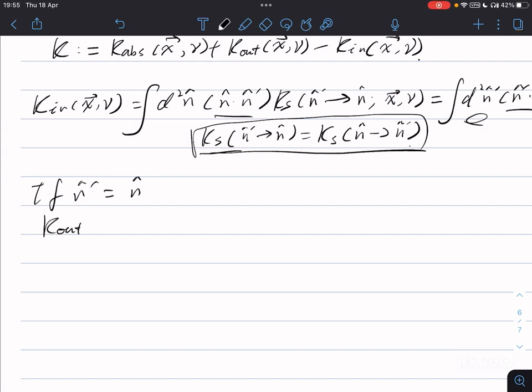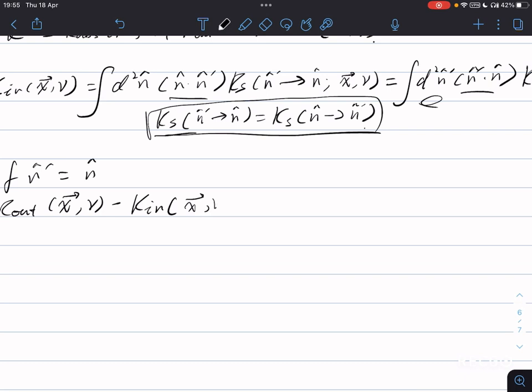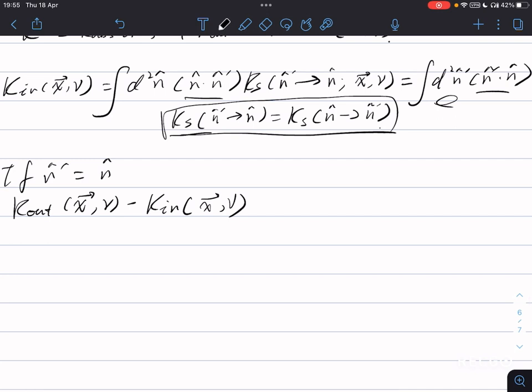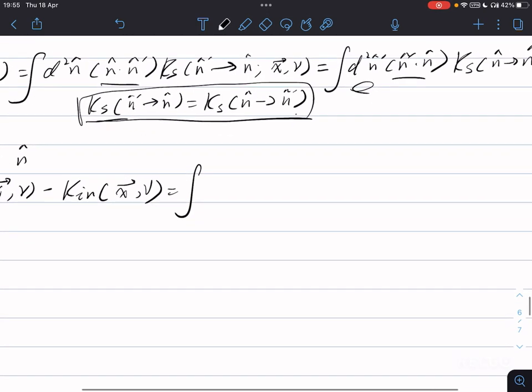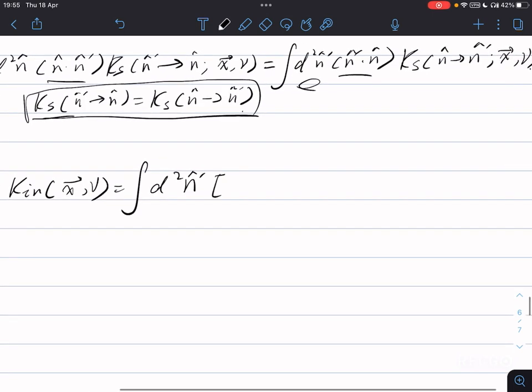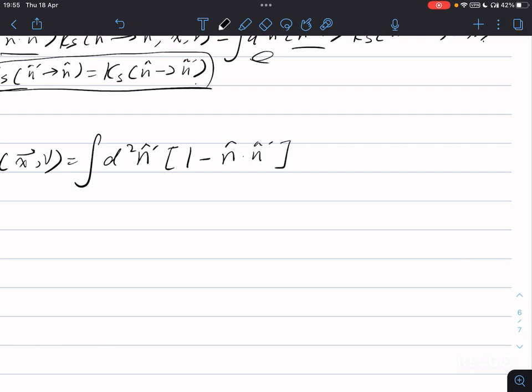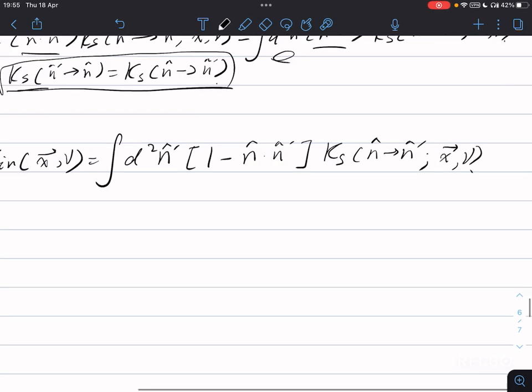Using the explicit expression of chi in we have derived just now, we obtain the integral over direction n prime of one minus the scalar product of n and n prime, times chi scattering.